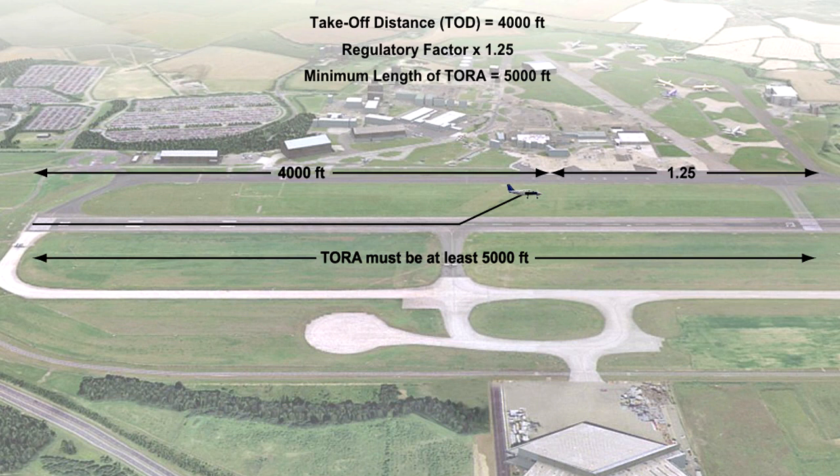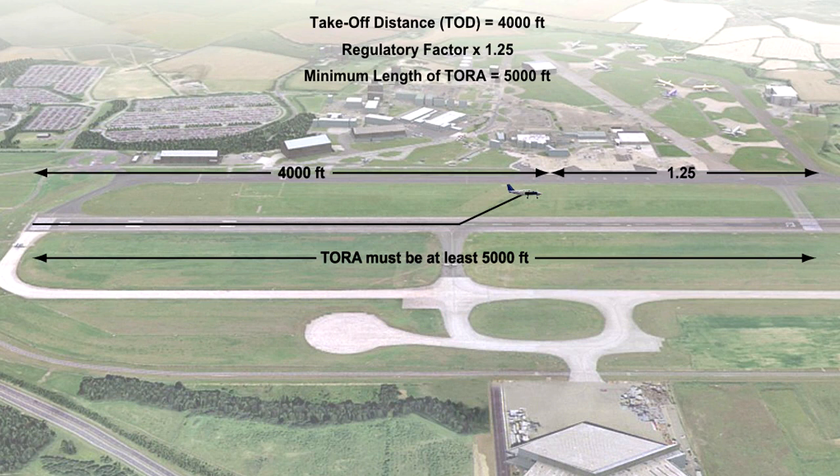This rule ensures that once the aeroplane has completed the takeoff, that is, when the aeroplane has reached the screen height, there should be a certain amount of the runway still remaining. Therefore, the regulation requirement provides a safety margin for the takeoff. We discussed these safety concerns during the lesson on performance standards.